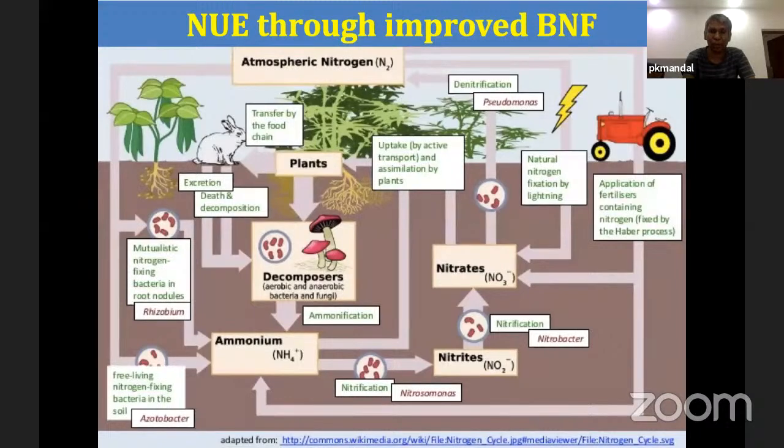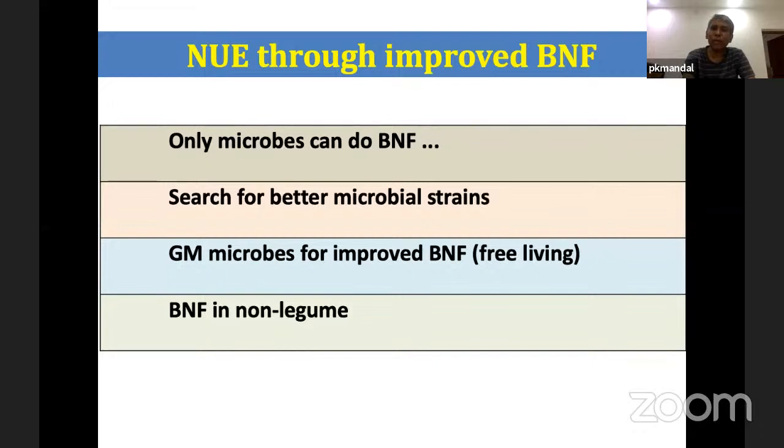Like rhizobium. Now, in this, what can we do in biotechnology? We can improve the efficiency of their fixation, how efficient those microbial strains are.